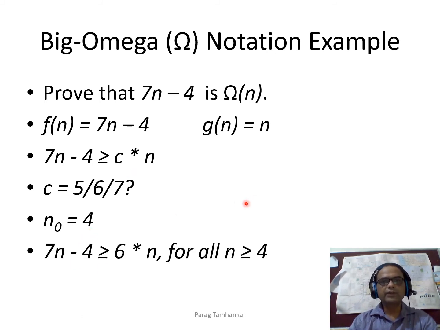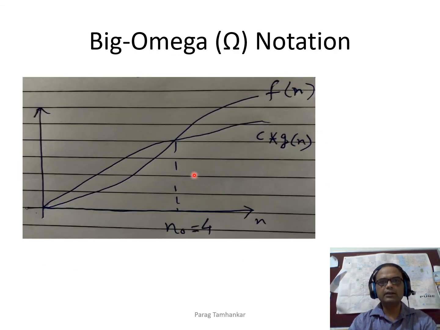So what we get is 7n minus 4 is greater than or equal to 6n for all n greater than or equal to 4. So here what we are doing is we are placing a lower bound, right? We say that before n naught was 4, f of n was actually smaller than c into g of n.